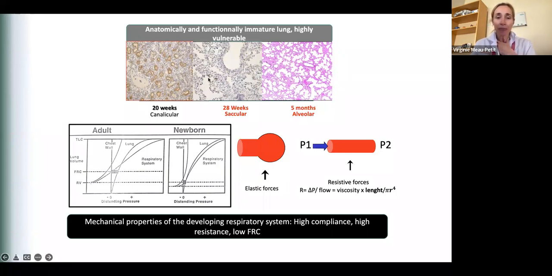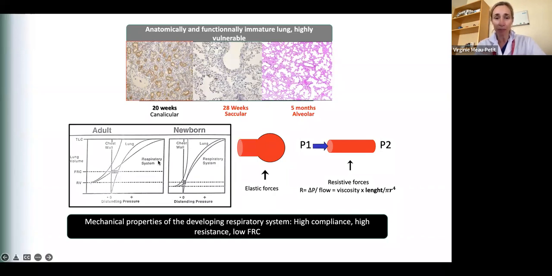And all these morphogenesis, growth, and maturation changes will, of course, have an impact on the mechanical properties of these lungs. The objective here is how can we constantly adapt our mechanical ventilation to these changes in the mechanical properties of a developing lung, which is very, very vulnerable.